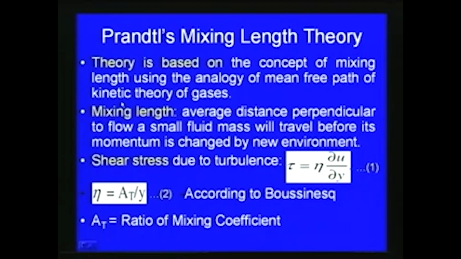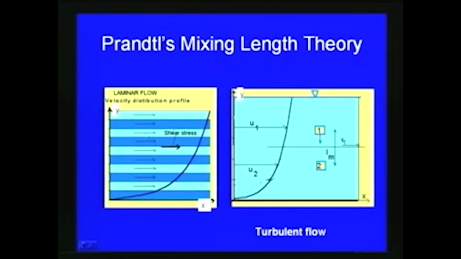So he started with the kinetic theory of gases. He defined a length called the mixing length, which is the average distance perpendicular to flow that a small fluid mass will travel before its momentum is changed by the new environment. This is explained in this figure. The first is the case of laminar flow, where the velocity distribution profile is given, and the second case is for turbulent flow.